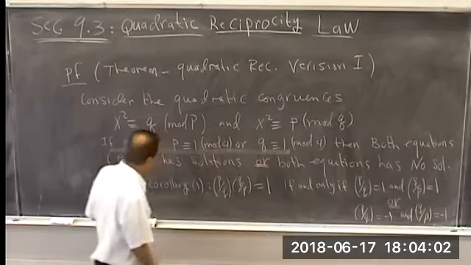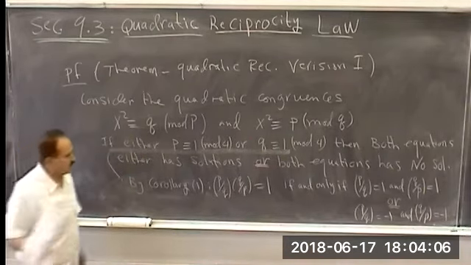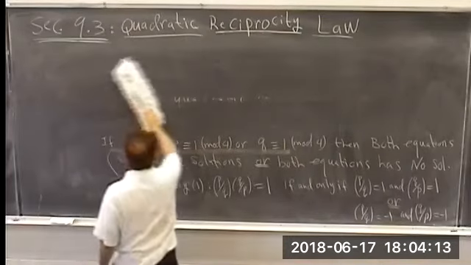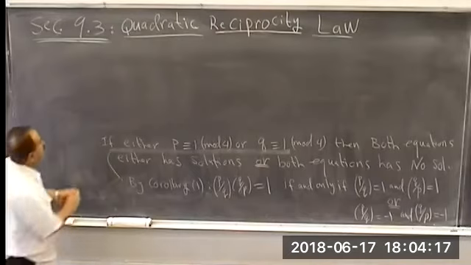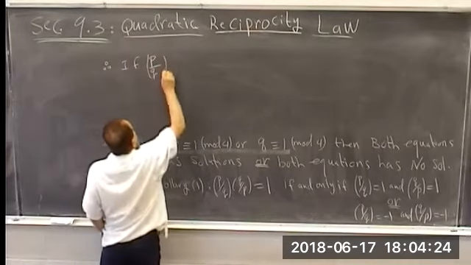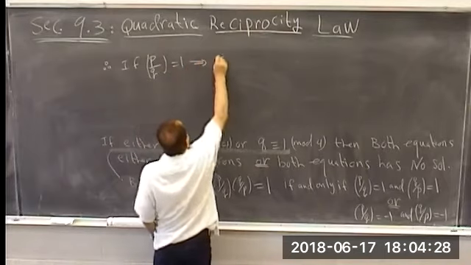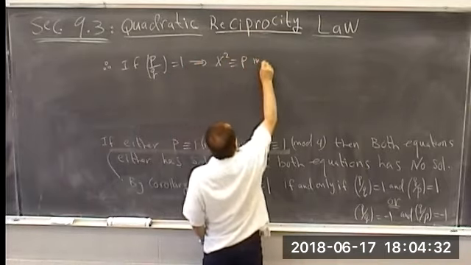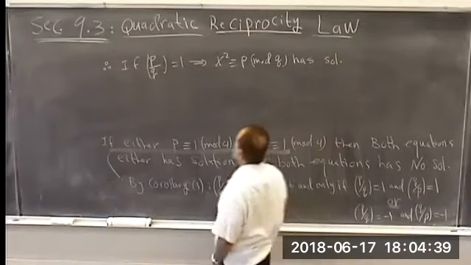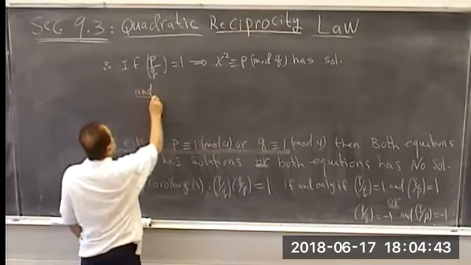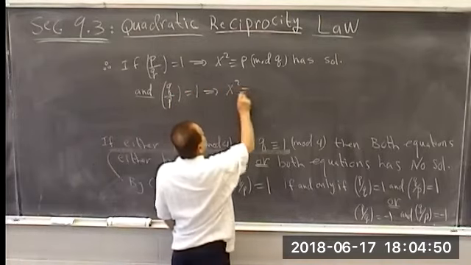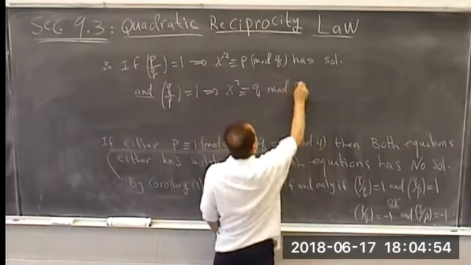Now, if the first case happens, then both are solvable, because that's what the Legendre symbol indicates. So if (P over Q) is equal to 1, this implies x squared congruent to P mod Q has a solution, and (Q over P) equal to 1 implies x squared congruent to Q mod P has a solution.